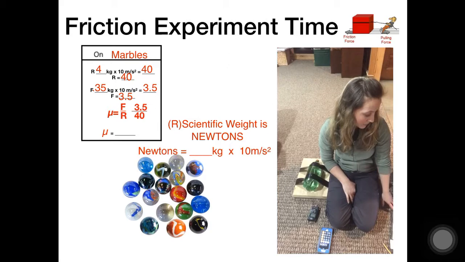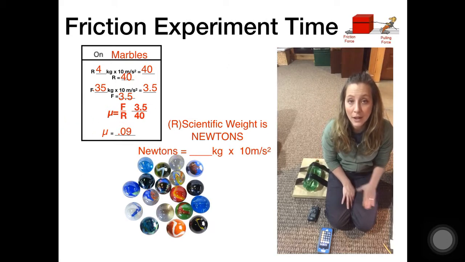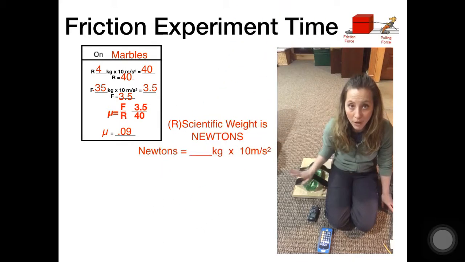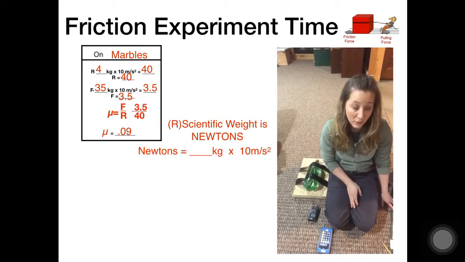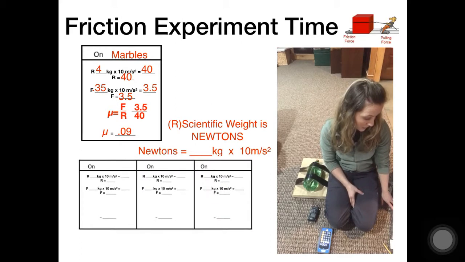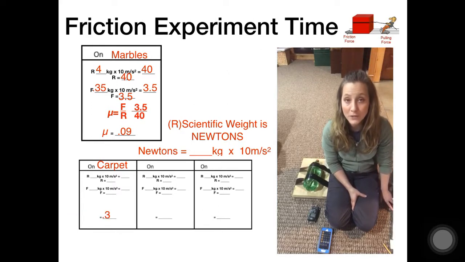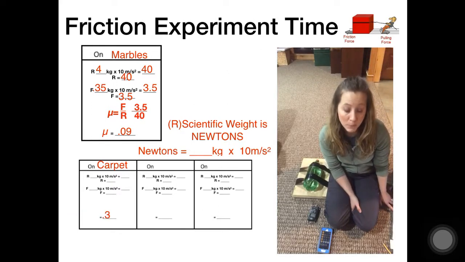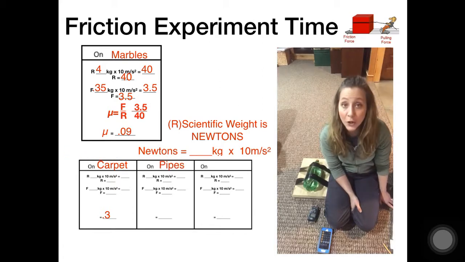All right, so when we take a look at all three boxes across the way here, what we can see is that the carpet, we had 0.3. Okay, our coefficient of static friction was 0.3. On the pipes, our coefficient of static friction was 0.03.